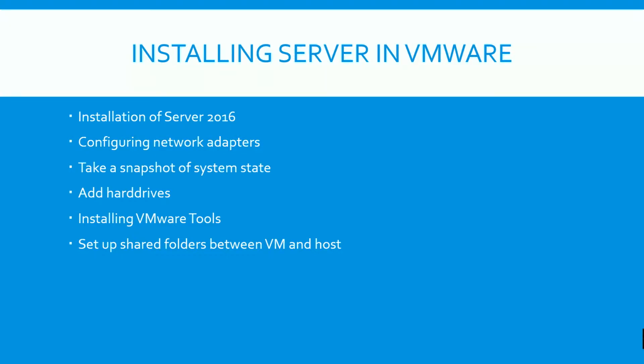We're going to configure the network adapters, add some, and configure them the way we want them with the IP range we want. We're also going to take a snapshot of our computer and take several snapshots throughout, so we can just go back to the state we were in and play as much as we want with the server without having to install it over again.